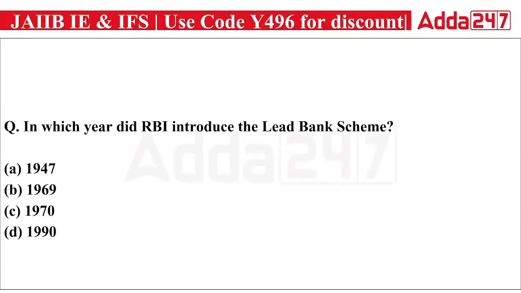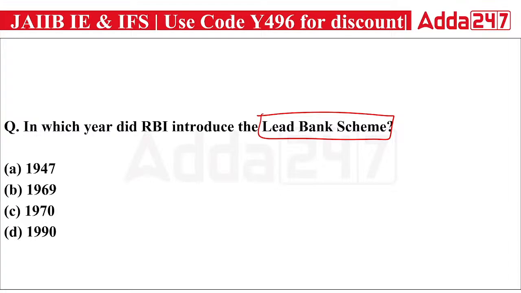Okay. Now, in which year did RBI introduce the lead bank scheme? The lead bank scheme is a very important scheme of banking, which RBI introduced for two objectives. One is branch expansion, and second is credit planning.